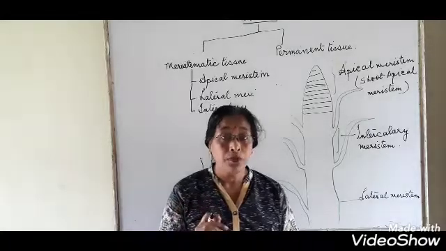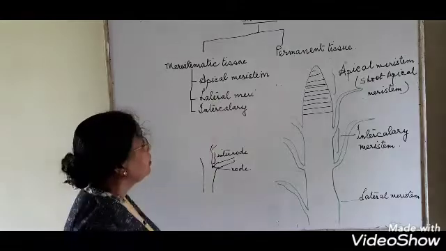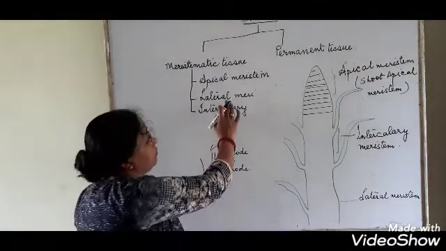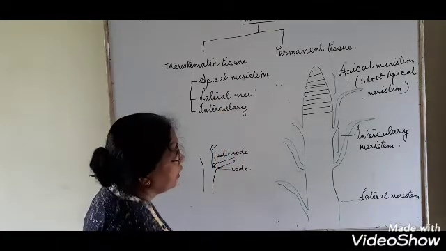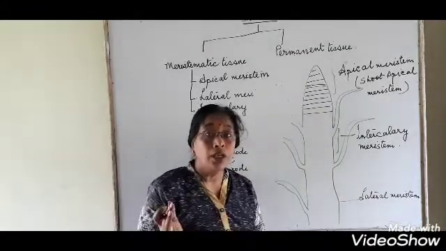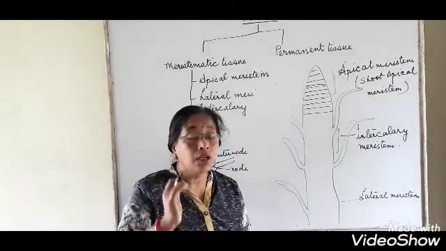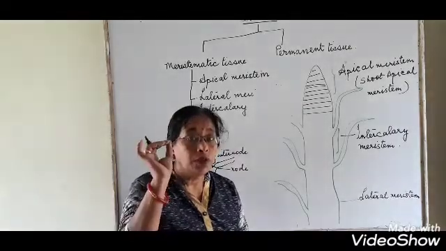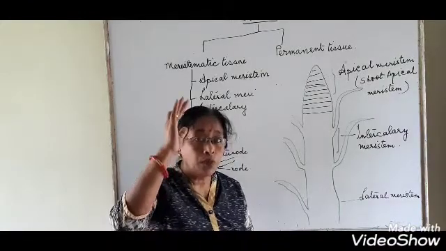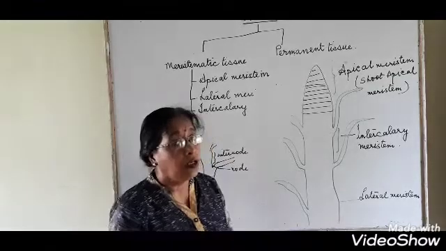There are three types of meristematic tissues, that is the apical meristem, the lateral meristem and the intercalary meristem. The apical meristem is found in the shoot apex or the root apex, that is the growing region. Apex is growing region, the topmost or the downmost areas of the plant.